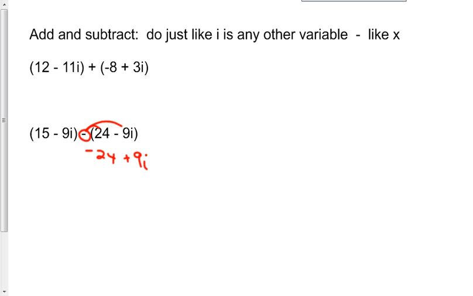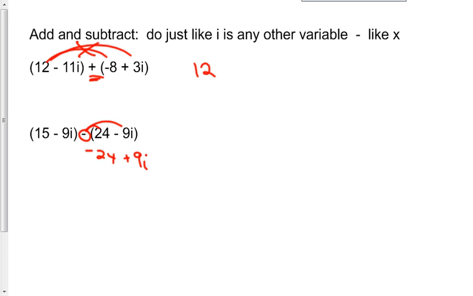The other mistake that sometimes people make because they get in a hurry is that they look at these two sets of parentheses next to each other and they think that they need to do FOIL on that. This is not 12 times negative 8, 12 times 3. You do not do that. This is just an addition question. If it helps you to rewrite it and put those like terms together, then you can go ahead and do that.